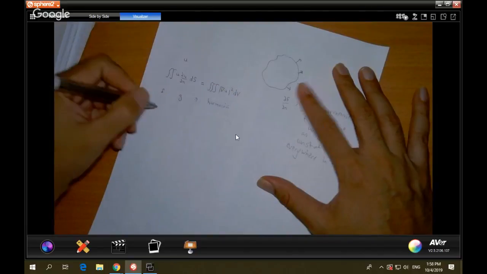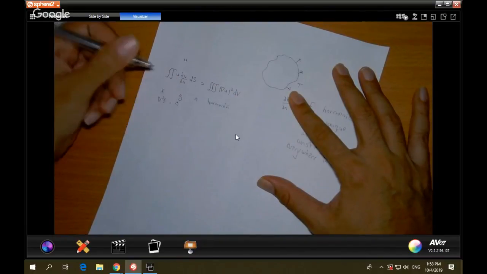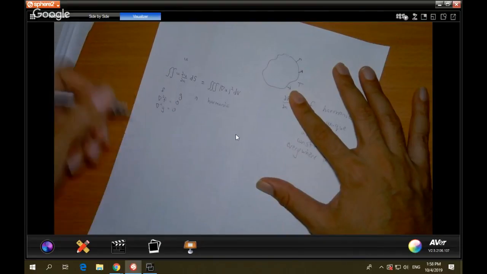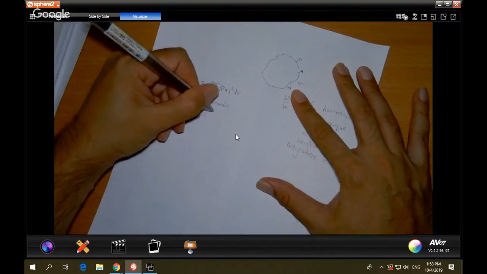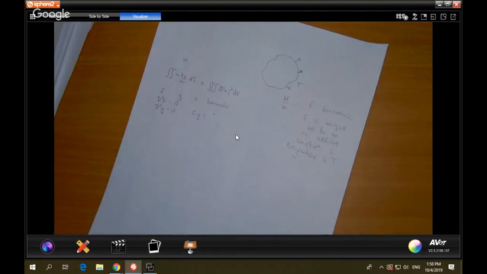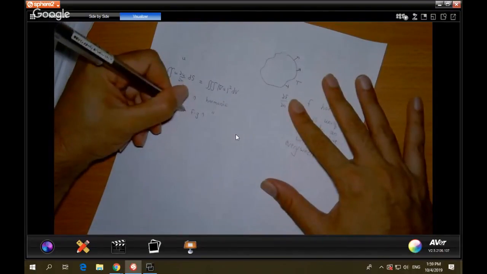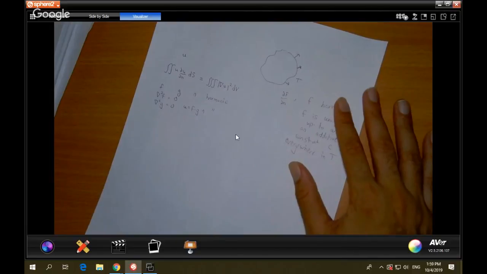Now, suppose someone has given us two functions, f and g, both harmonic. Then we know that nabla square f is equal to 0 and nabla square g is equal to 0. Therefore f minus g is also harmonic, because the nabla square operator is linear, so nabla square of f minus g is also going to be equal to 0. Now let's define u to be f minus g.